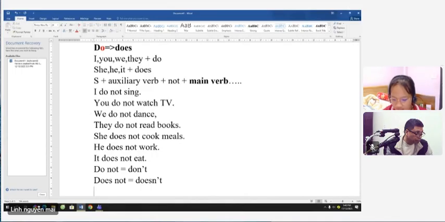And the warning is that when we use an auxiliary verb, we conjugate directly on the auxiliary verb when necessary and do not conjugate the main verb. The main verb is the infinitive verb. We do not have to conjugate it.